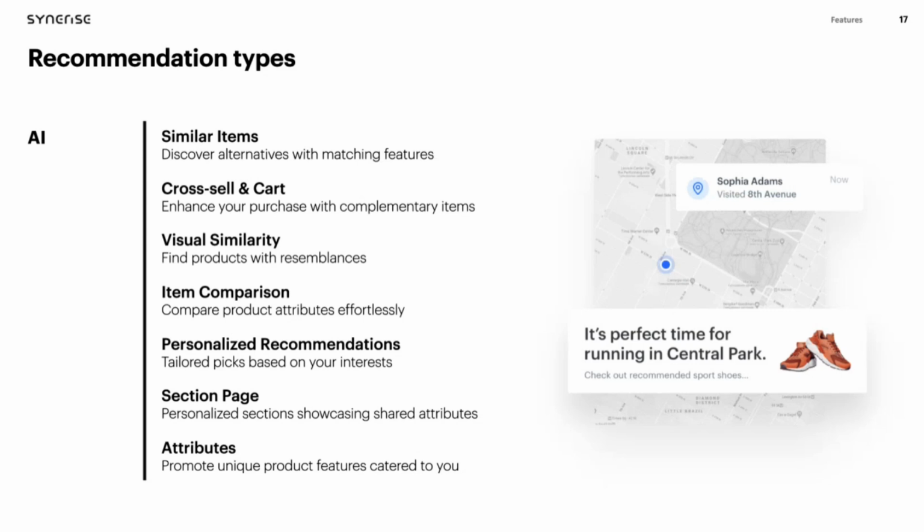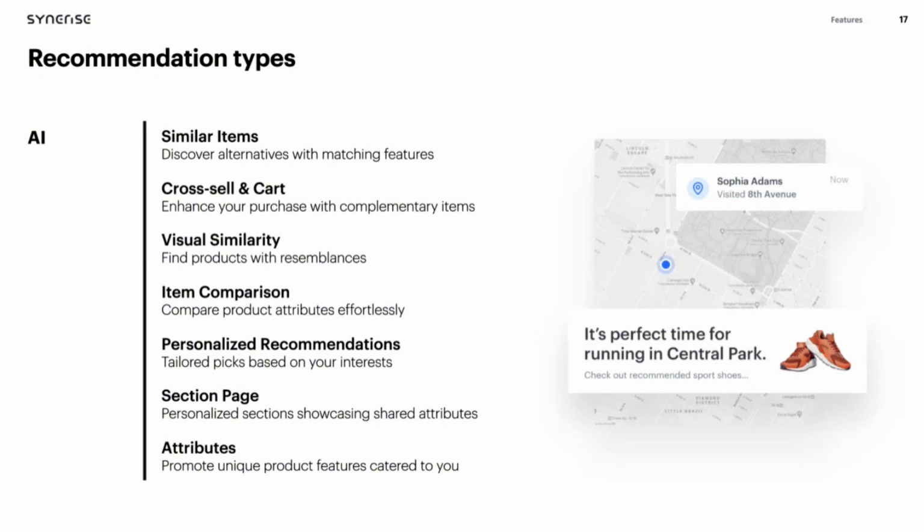But there are others that are also powered by AI, and they can also take the behavioral context of the customer into account. However, in most cases, they can be trained only on the product's data, like similar recommendations, right? So recommending similar products to the context of the underlying product.